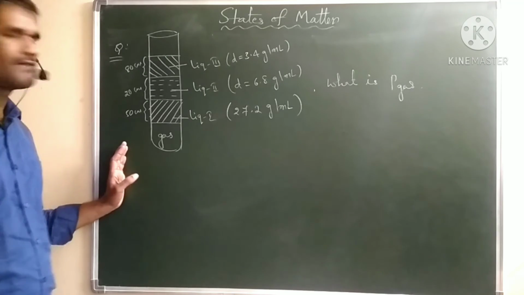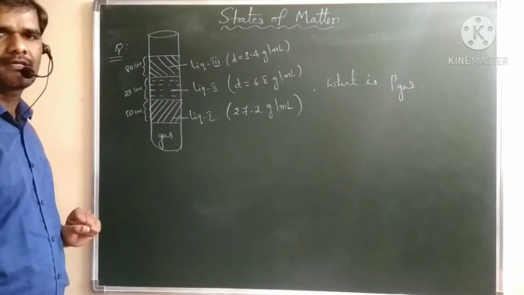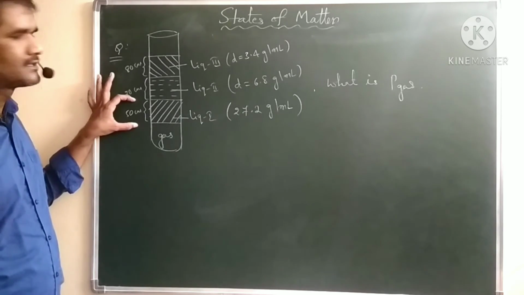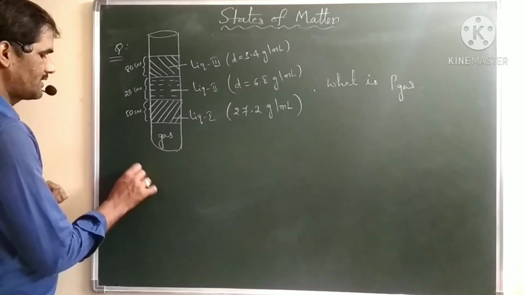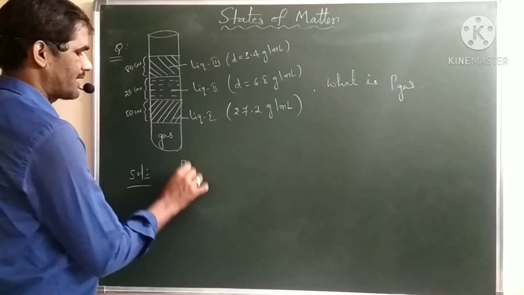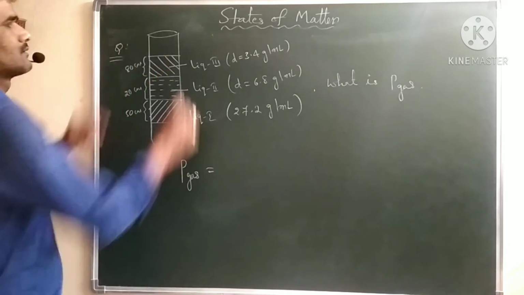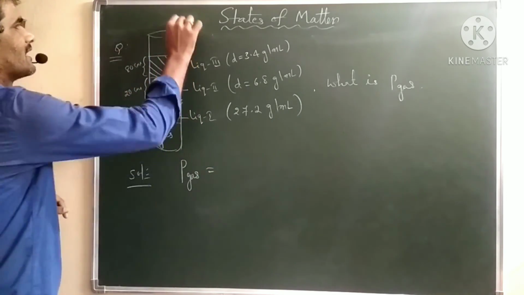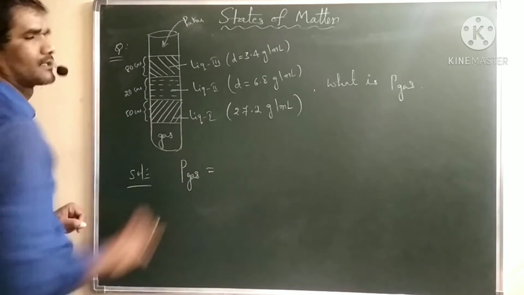In the previous case we took only one liquid, but here three liquids are there and they have different heights and different densities. Now the solution for this, the overall pressure acting on the gas. Again this is open, so apart from these three liquids, atmospheric pressure also will work.